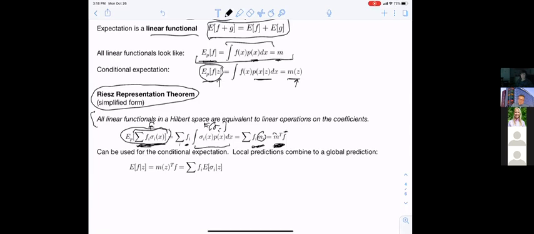And this becomes very important for the conditional expectation. The conditional expectation of f given some observation z: if I know the expected output of my basis functions for each value of z, then I can calculate the expected output of any function just using this linear operation.